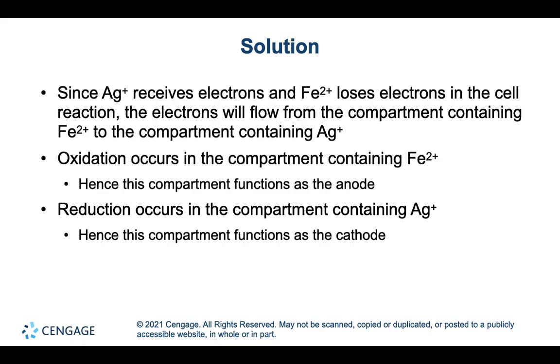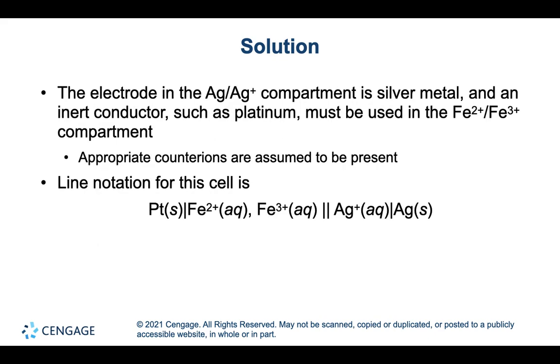Oxidation occurs on the iron side, so it functions as the anode. Reduction occurs on the silver side, so it functions as the cathode. So the electrode with the silver cathode and the silver +1 ion, the silver is going to be the electrode.